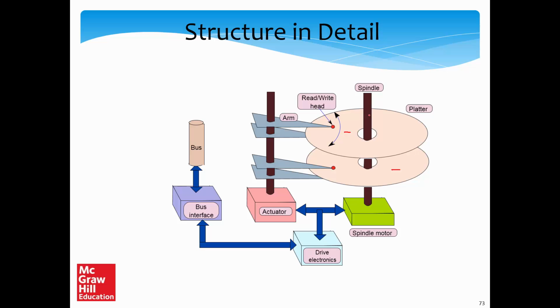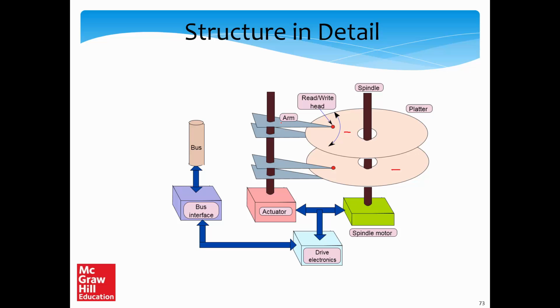Both the platters are connected to a spindle, and the spindle is connected with a spindle motor, where at a fixed RPM, both the platters rotate. So recall that these disks are actually rotating at a very high speed, something like 5400 RPM or 7200 RPM.